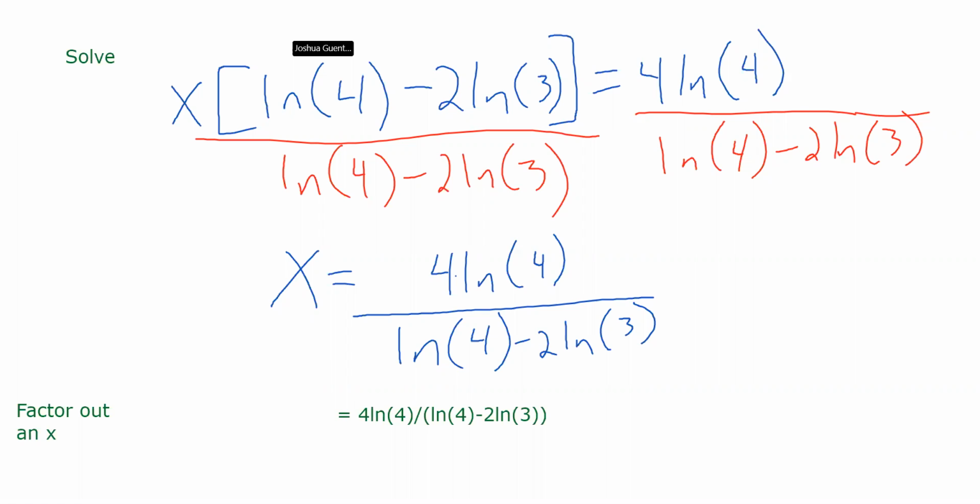And you should end up with an ugly number. Negative 6.838, blah, blah, blah. We'll round it to the nearest thousandth, which is 3 decimal places.